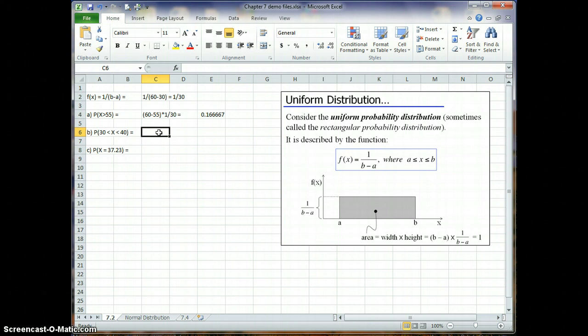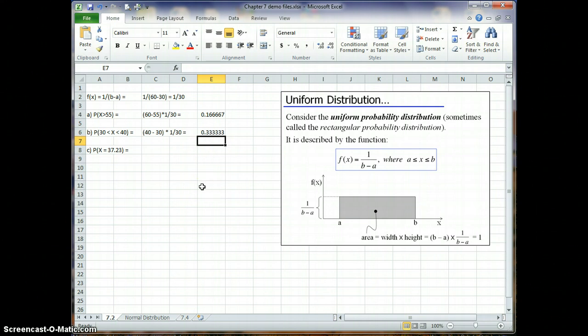So in this case, it would be 40 minus 30 times 1 divided by 30, and here we'll do that calculation. 40 minus 30 times 1 divided by 30 equals 0.3333.